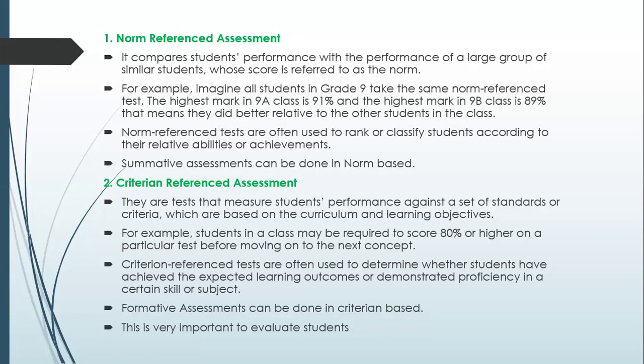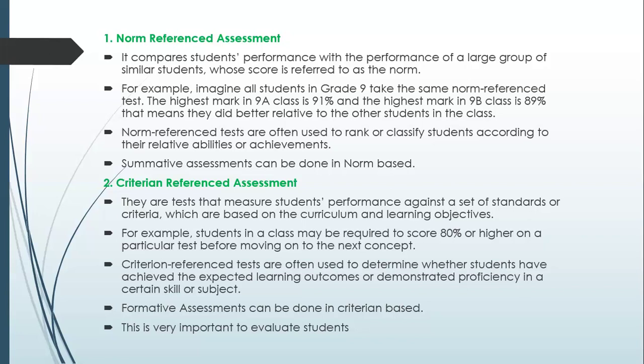In another school, the grade 9 first section total marks may be 1,200 marks. So 985 is with reference to the group of that school, and 1,200 is with reference to the other school. That is called norm reference assessment, norm-based assessment.